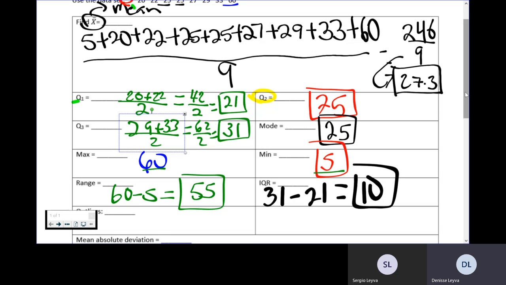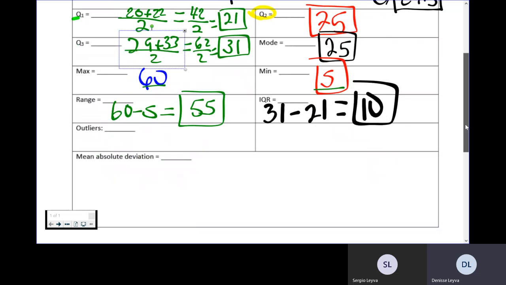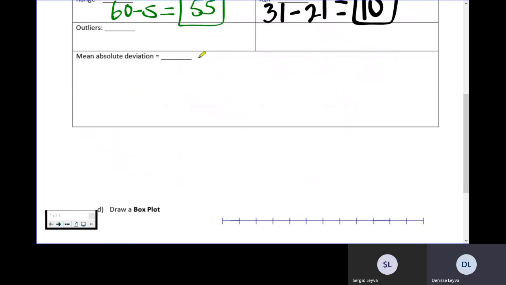And I move on to my outliers. Now for my outlier, I need a bigger space, because my handwriting is a little bit big. There are two formulas for the outlier. To find the lower side, you find your Q1 minus 1.5 times your IQR.